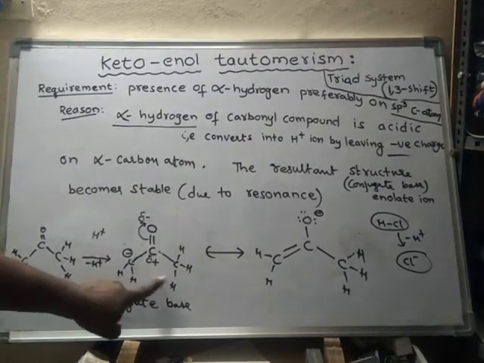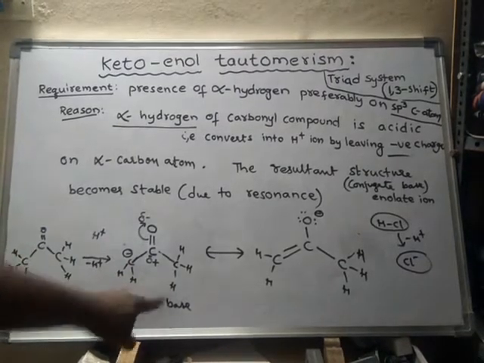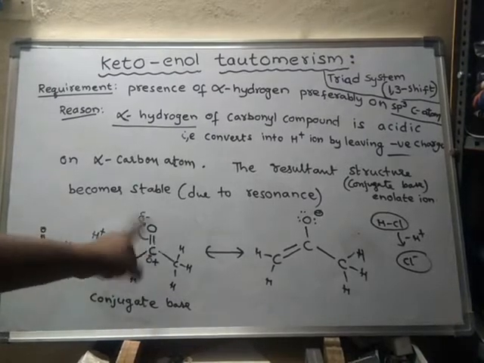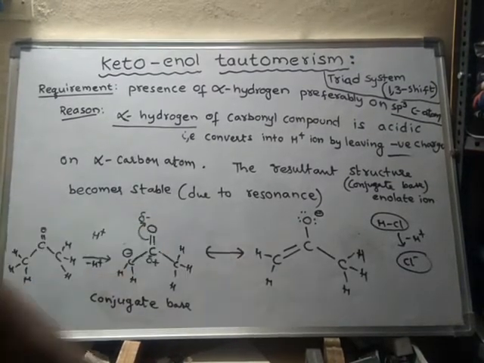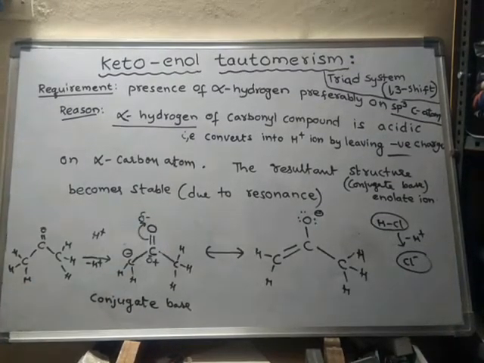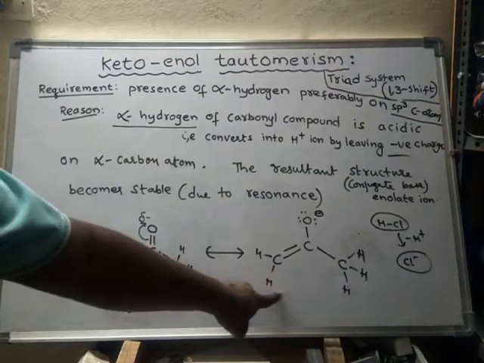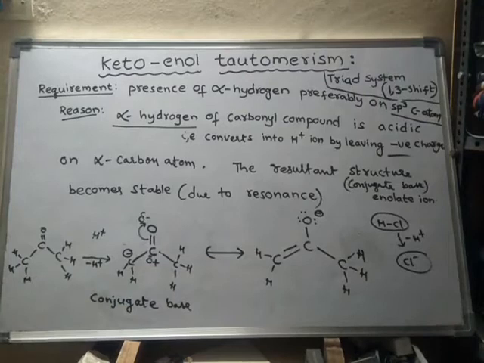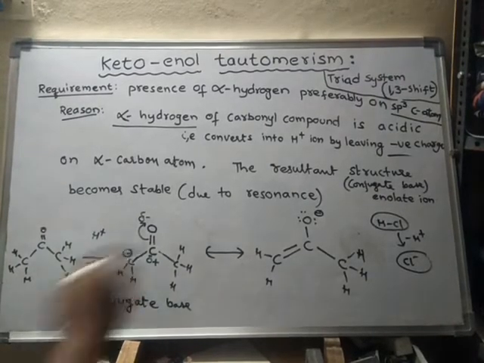So it undergoes resonance stabilization. Because of the shifting of electrons from one place to another and shifting of bonds, it loses some of its energy. As it loses some of its energy, it becomes more stable. So this will convert into this one, and this into this one. These two are resonating structures, so resonance takes place.